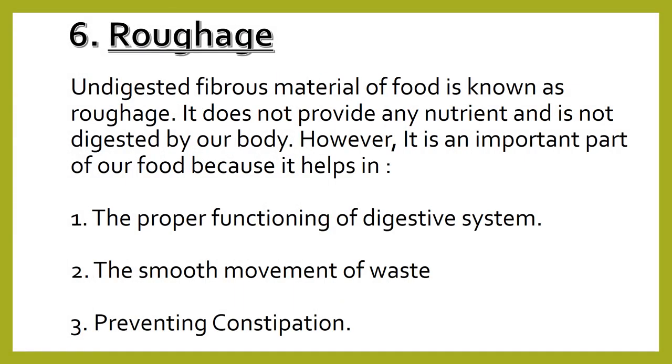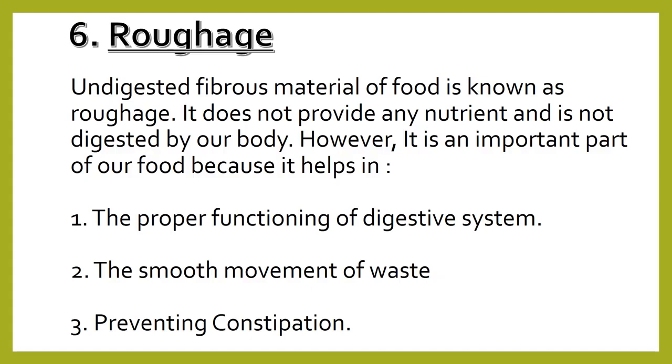Students, in addition to all these five nutrients, our body also requires roughage and water. Let us know what roughage is and what water is. Roughage. Undigested fibrous material of food is known as roughage.